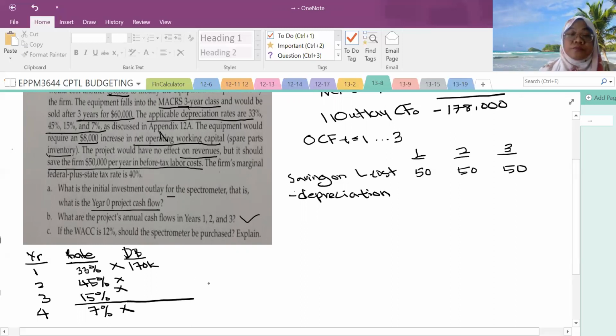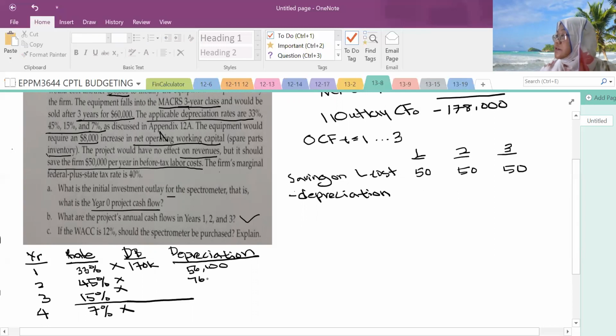The depreciation for year 1 would be 56,100, followed by 76,500, and then 25,500, and the last one, 7%, would be 11,900.